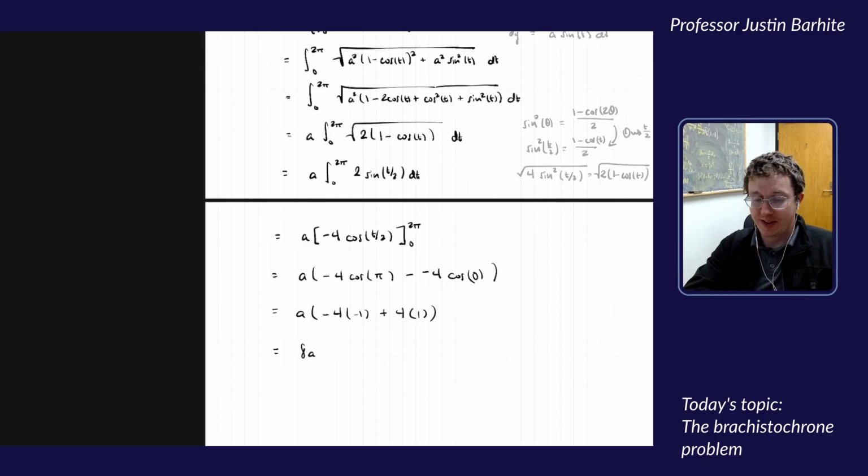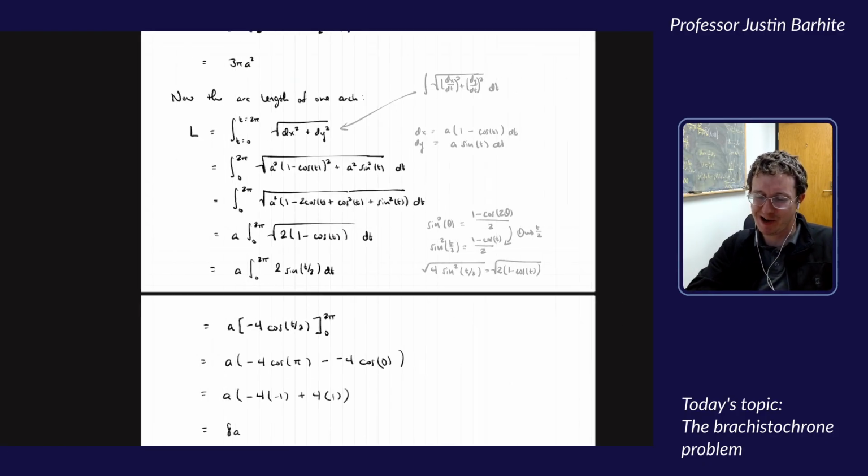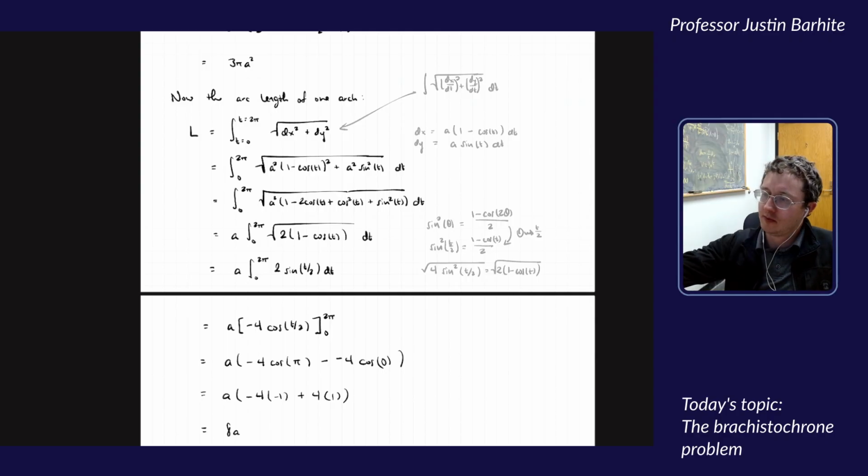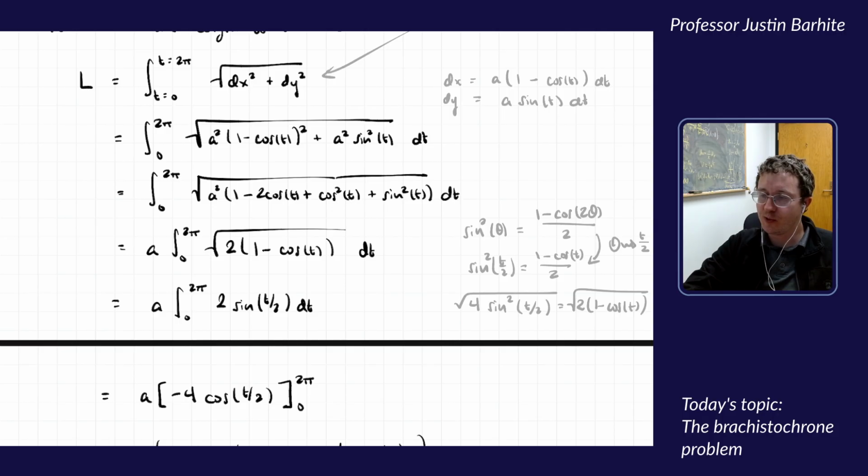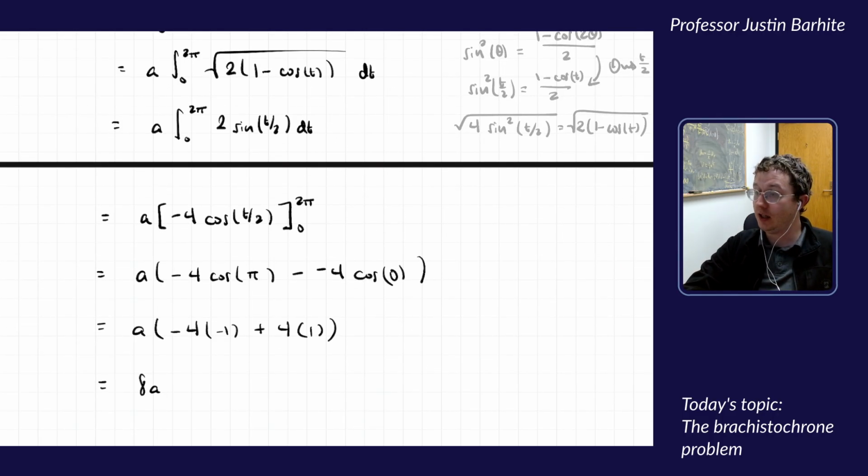Alright, any questions about this Brachistochrone problem or the cycloid? It seemed very hard. Yes. I hope that most of the individual steps made sense, but it is definitely a lot.